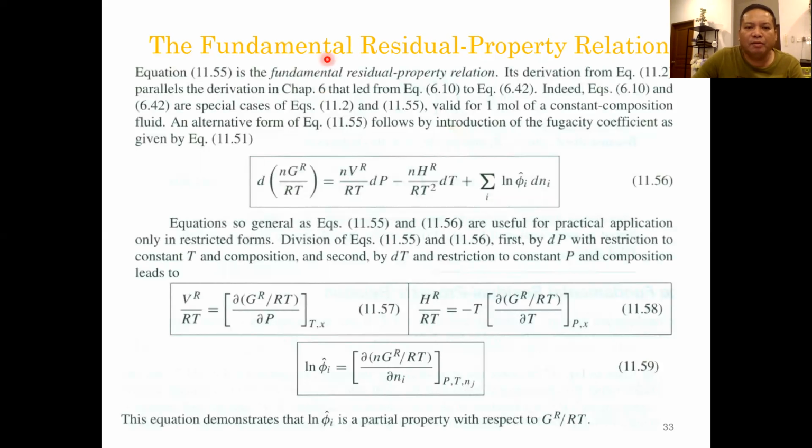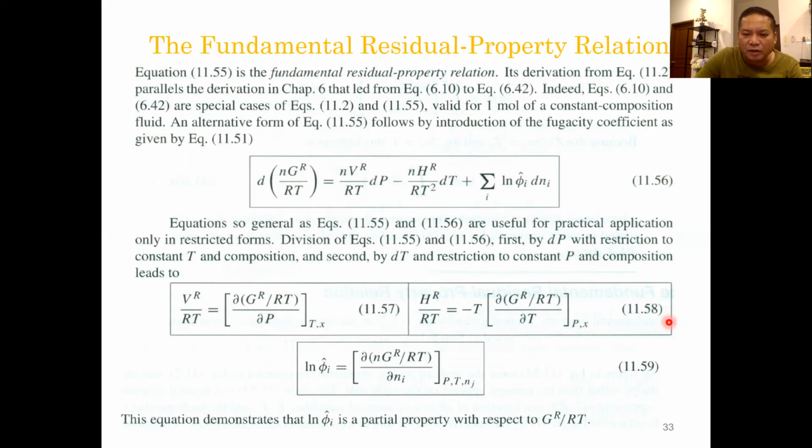The fundamental residual property relationships. So we got this equation previously. From this we can manipulate it with various equations here. Then we got this V^R, at constant T and x, for the change of pressure.